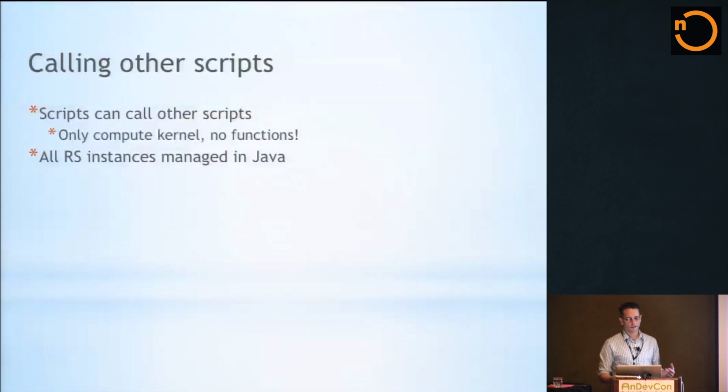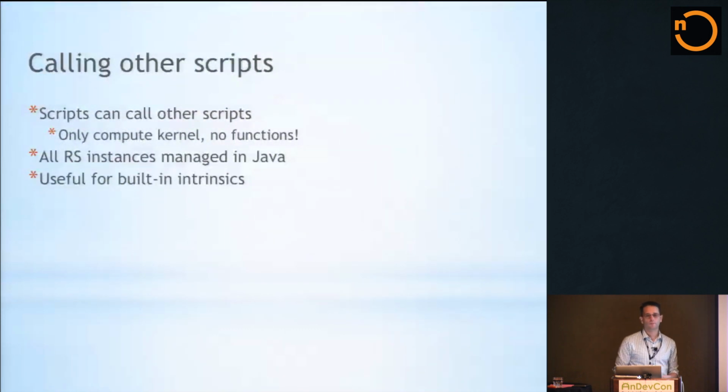And again, like everything else, all of your RenderScript instances are managed up on the Java side. So even if you're going to call one RenderScript from another, your first one has to be fed the information about the second RenderScript from your Java side. A function like we had on the previous slide could be used to inform your RenderScript of the name or handle to call for the other one.